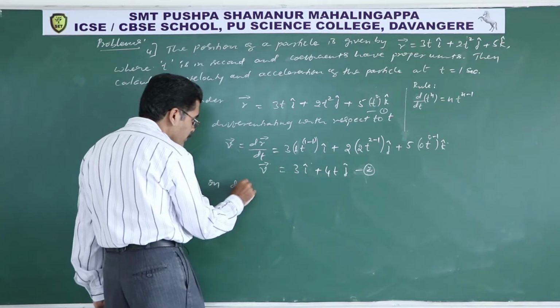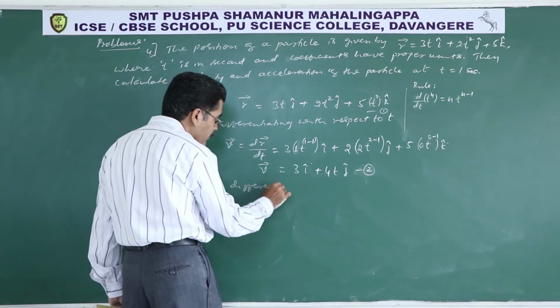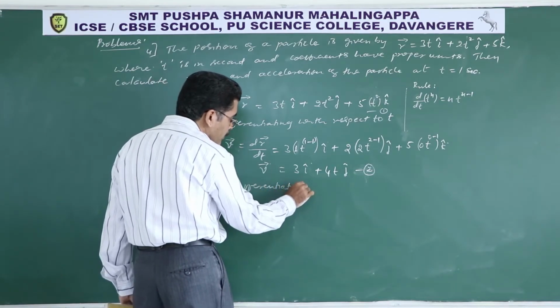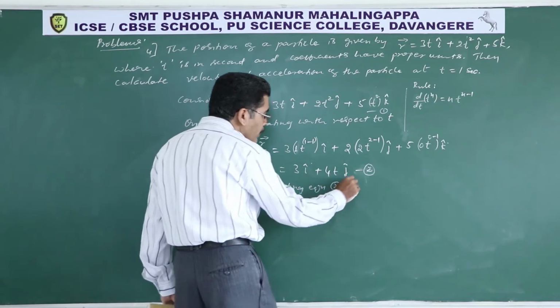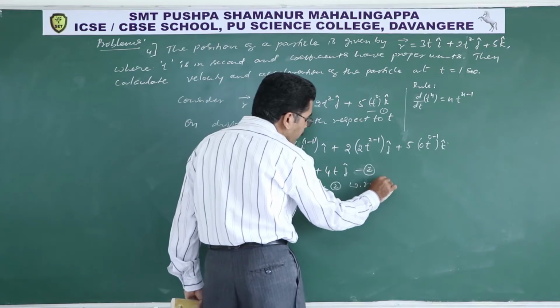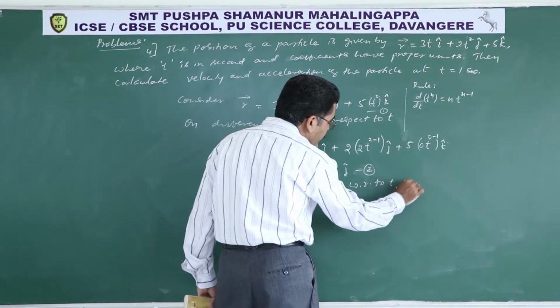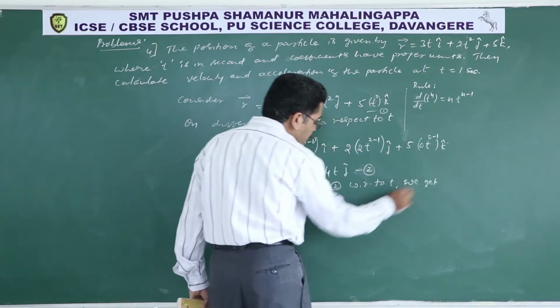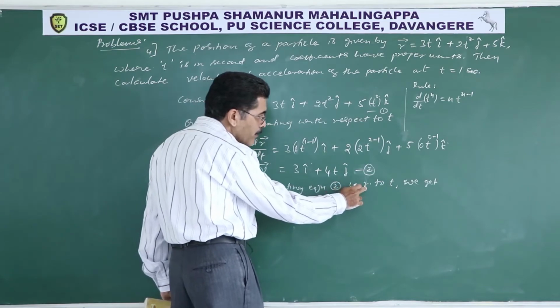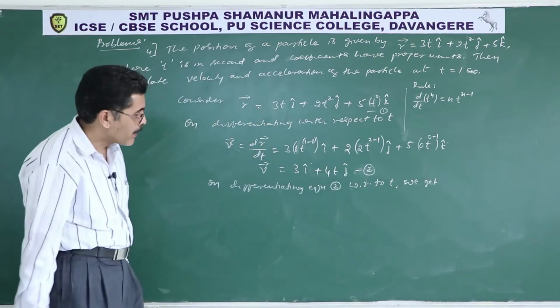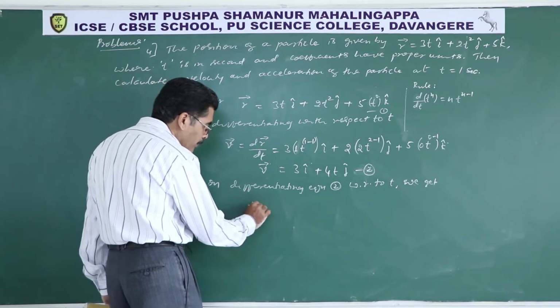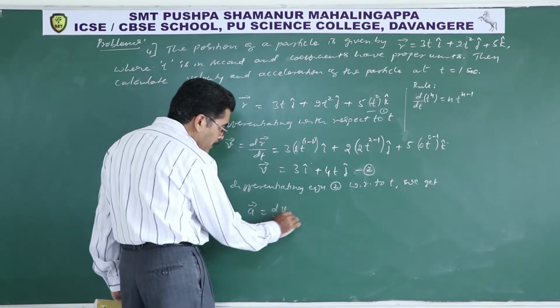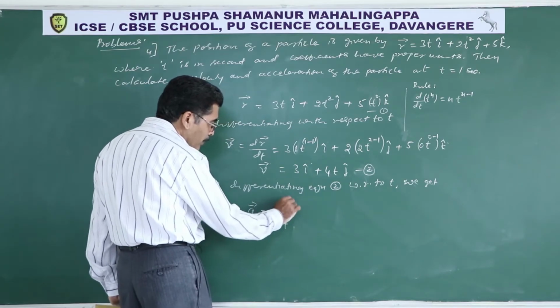On differentiating equation 2 with respect to t, we get acceleration, which is given by dv by dt, the time rate of change of velocity.